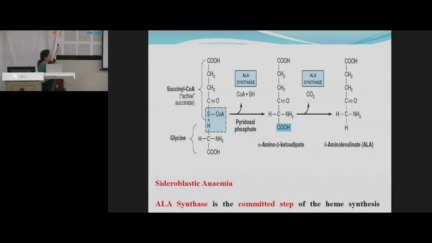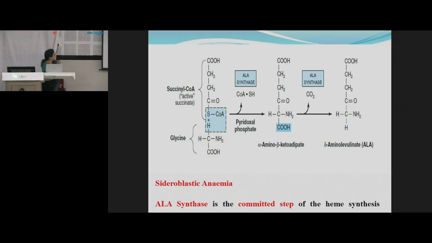So coming to the types of porphyrias. Now deficiency of enzyme ALA synthase actually doesn't come under porphyria, but it is known as sideroblastic anemia, but it is related to the heme synthesis pathway, so we take it under porphyrias. So in sideroblastic anemia, there is deficiency of enzyme ALA synthase.